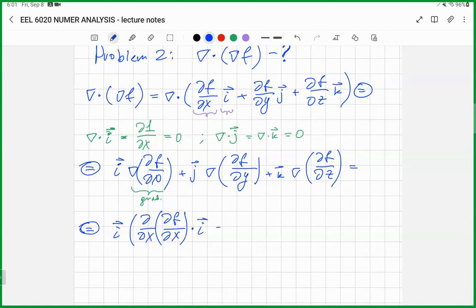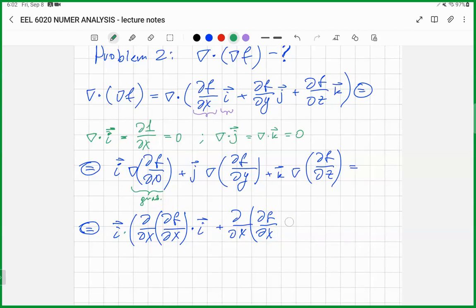And of course we would need to write the y component, d over dy of df over dx times j, and the same for k. But when we take the product of these terms with the unit vector i, the terms i j and i k give us 0 because the vectors are orthogonal.